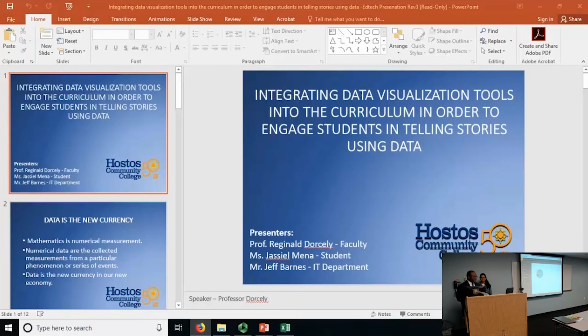This is something that I did. I pulled in campaign contributions. I went to Open Data NY, and I imported a file on the last political campaign for mayor, a campaign contributions file, and I used that to create a visualization.